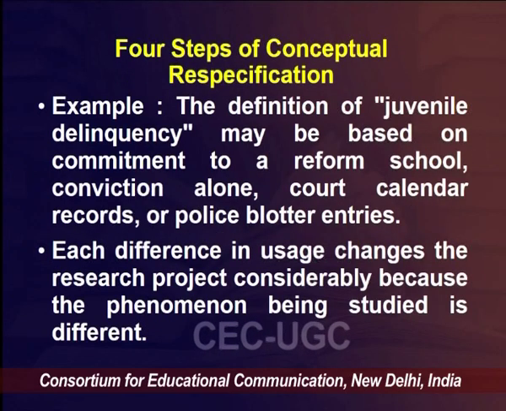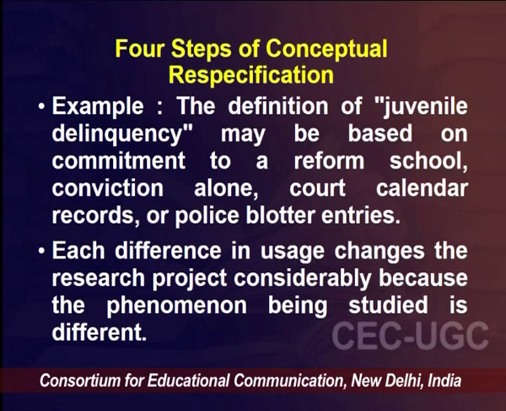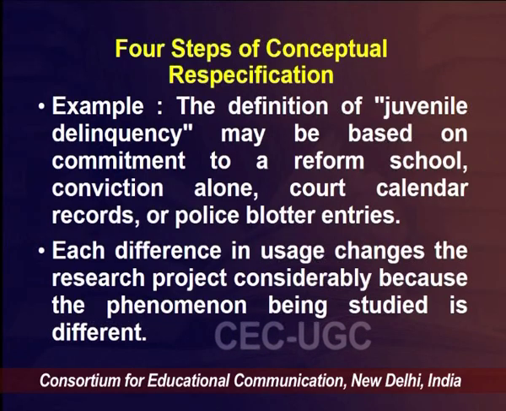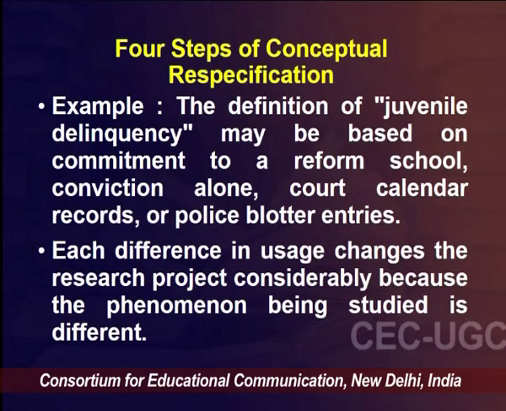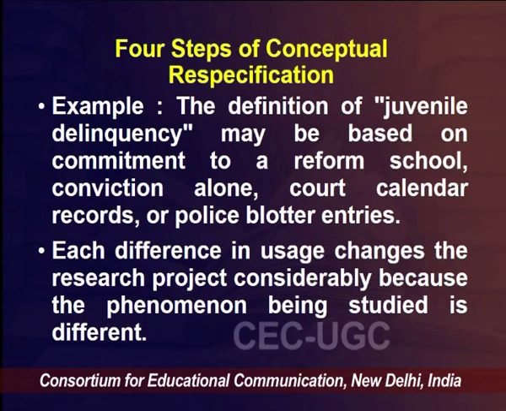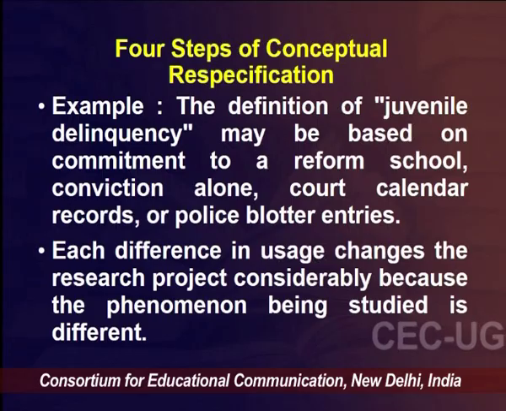For example, the definition of juvenile delinquency may be based on commitment to a reform school, conviction alone, court calendar records, or police blotter entries. Each difference in use changes the research project considerably because the phenomenon being studied is different. So, the focus or the selection of the concept will change the objective of the result.